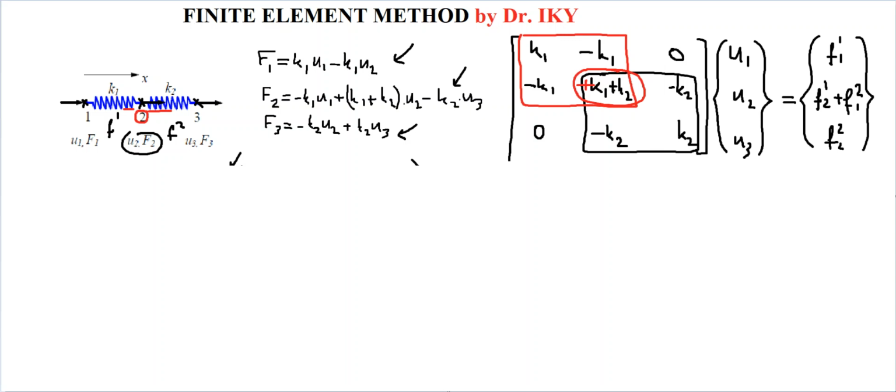So if we add the boundary and loading conditions, we already know that we assume this one is on the wall. It means U1 is equal to 0 for the elimination technique. And we have got a force of P for creating the tensile load.